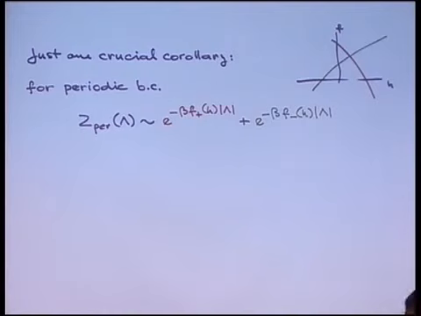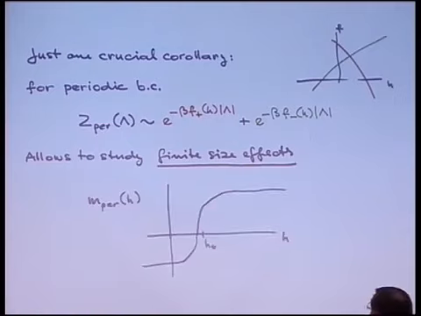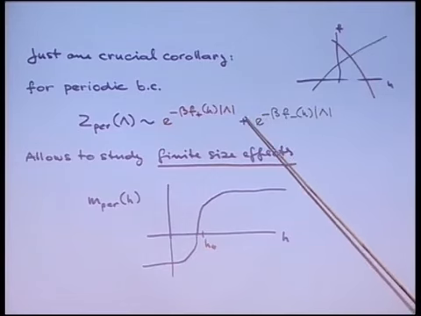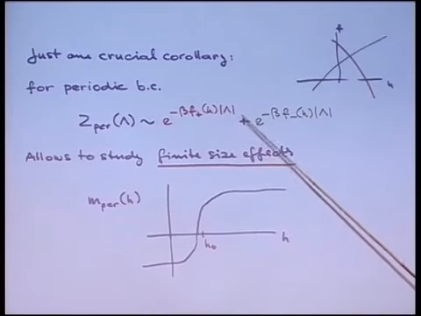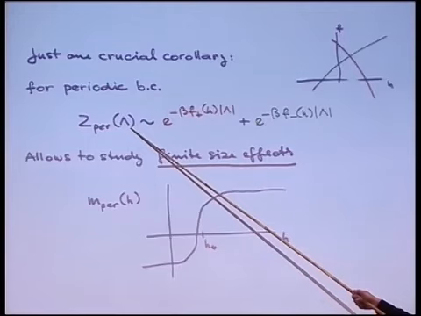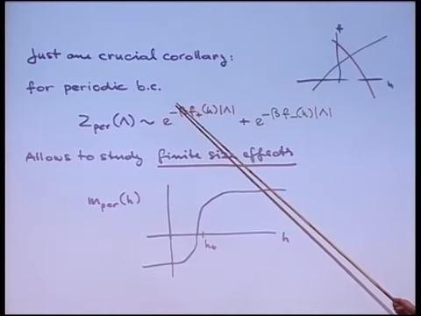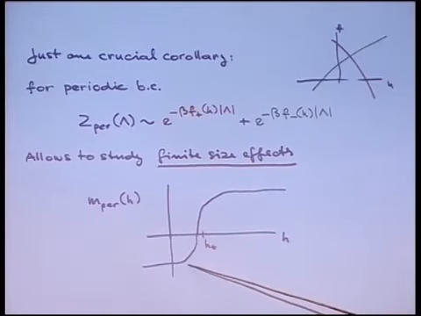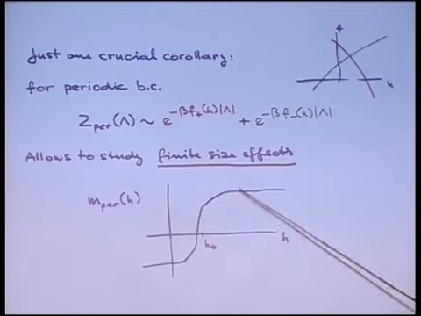So one thing is you can study finite size effects, because you simply replace your partition function by this, and then you compute, say, the magnetization. Magnetization was the derivative of the logarithm of the free energy with respect to h. So I take the logarithm of this sum of these two functions, compute the derivative with respect to h, and explicitly see that I'm getting something like tangens hyperbolicus in h, okay?